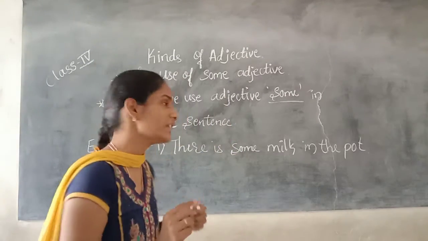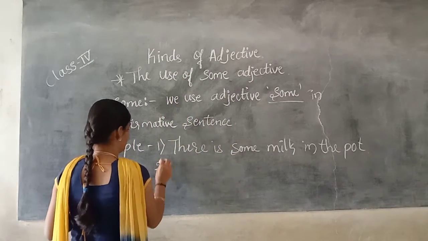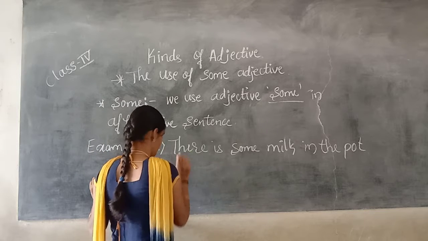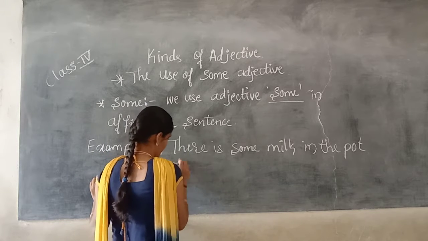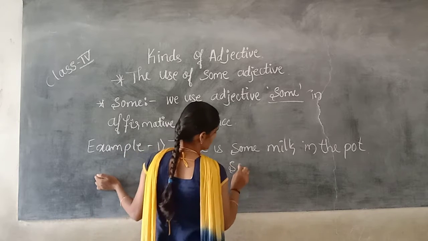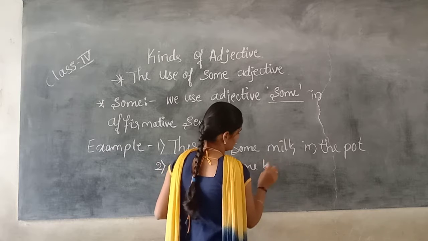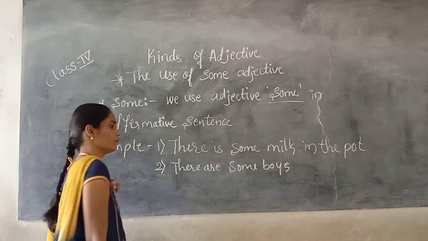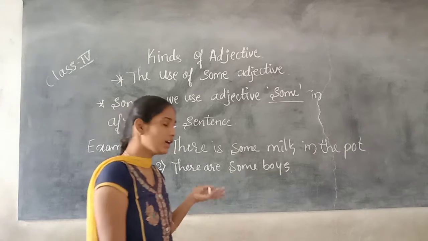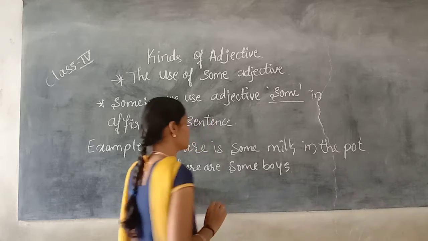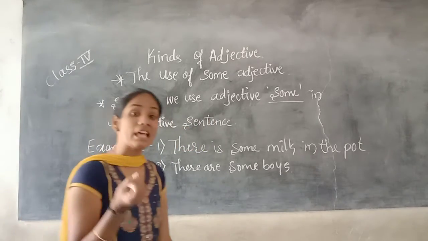Okay. Let us have one more example. There are some boys. So the word which tells something about the boys, how many boys? Some boys.